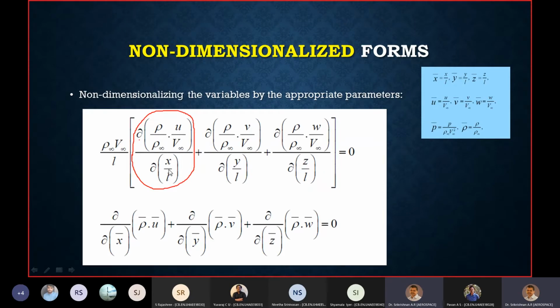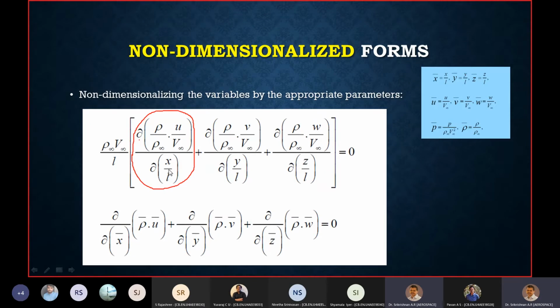So I need to have outside the bracket a multiplication by that. Similarly, each of the denominator terms is divided by L, so it is a division in the denominator. To offset that, I need to have a division in the numerator for the term that is outside the bracket. So rho infinity v infinity by L is a common factor to all of them.